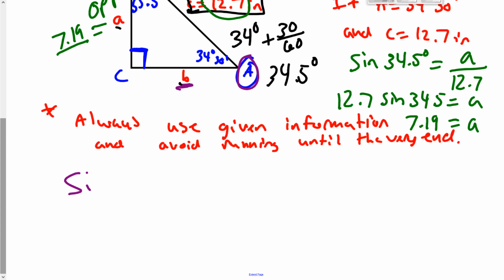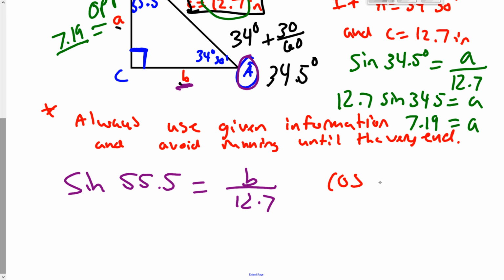I could do sine of 55.5 is equal to the opposite over hypotenuse, or I can do cosine of 34.5. Remember, these are cofunctions, right? And that is adjacent over hypotenuse.